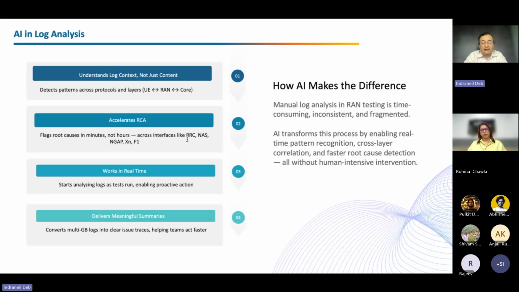We have AI models that are typically trained on network log data. We train these models exhaustively with loads and loads of data that we generate from real testing scenarios, and those could have been manual testing scenarios also. Typically, the idea is to train the model to identify error-free call flows against erroneous call flows.